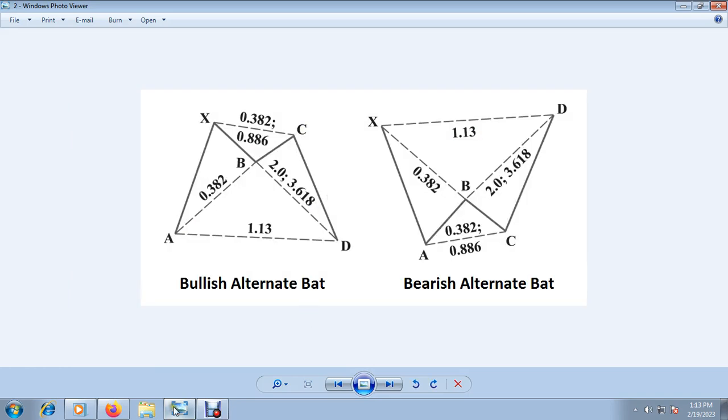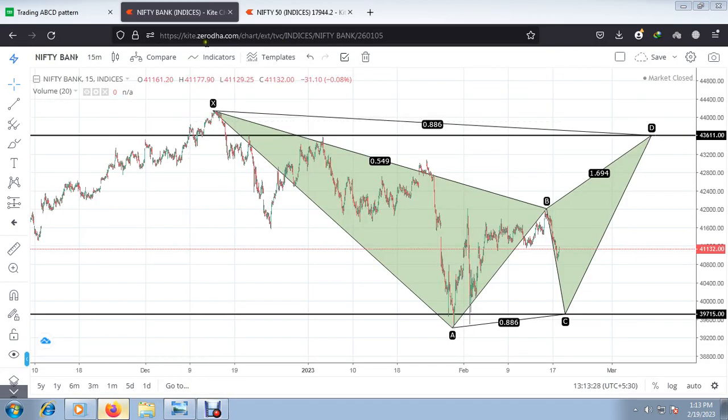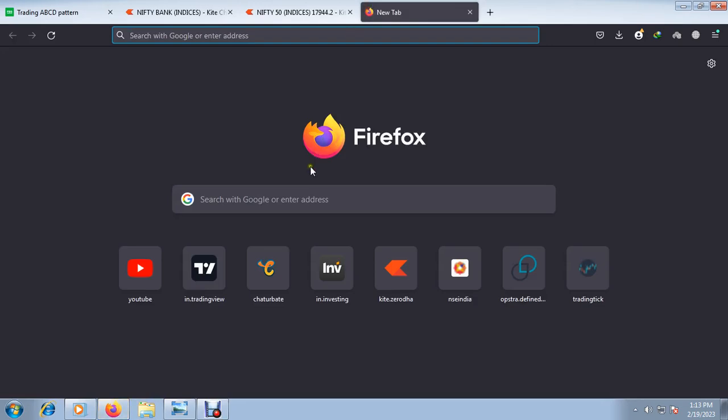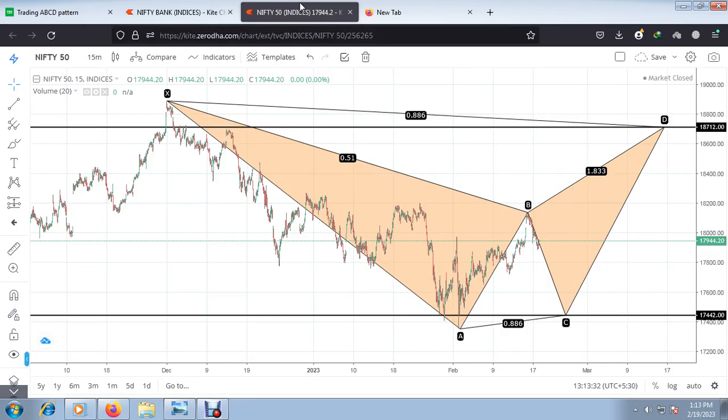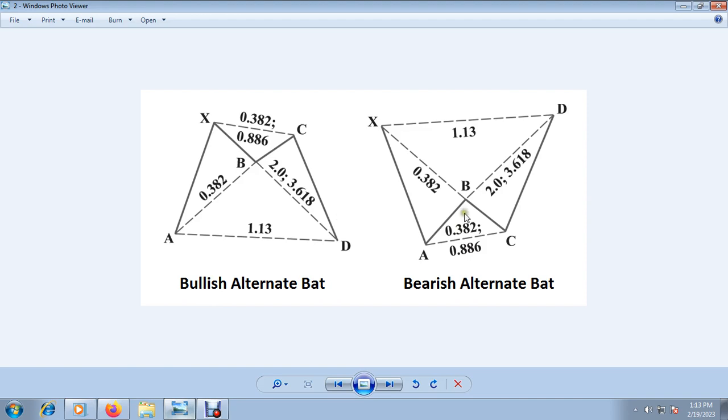If it is a bat now, I will show it to you. If it is a bat pattern, then it will be 50% only. Just a second, I will show you.